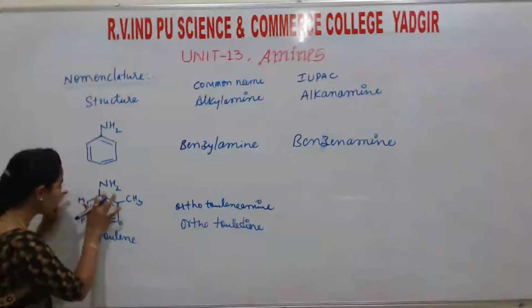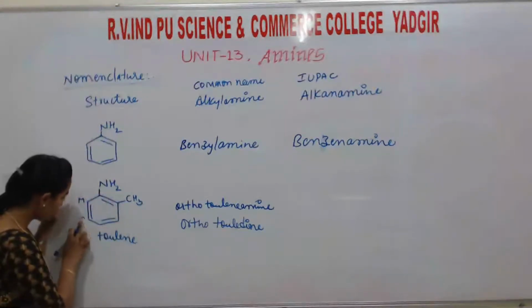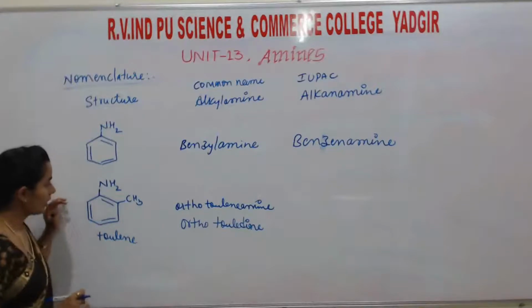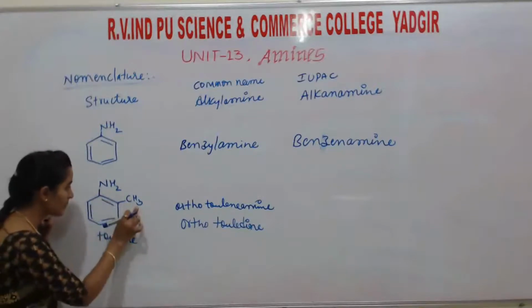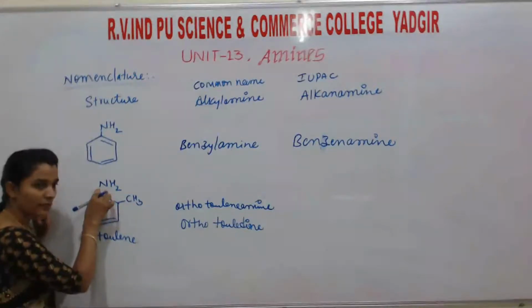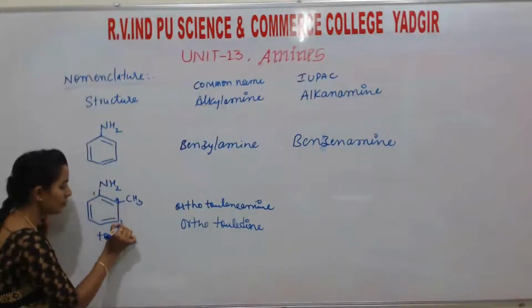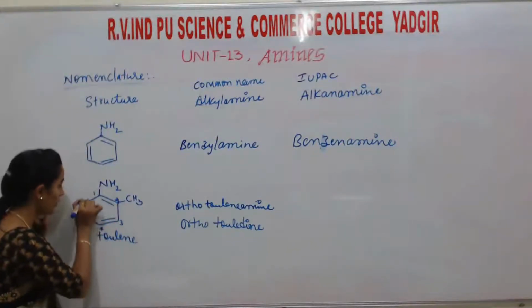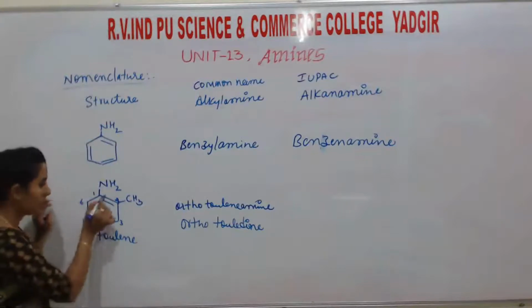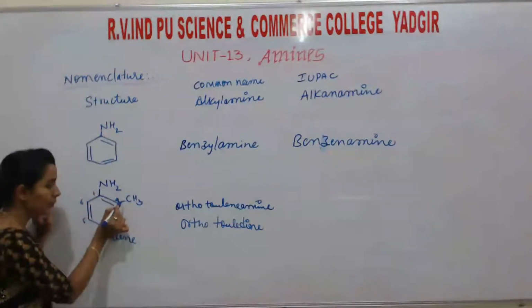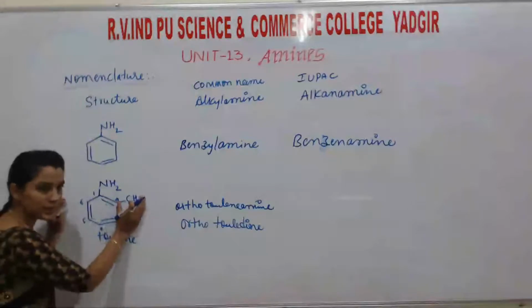So listen, instead of this, if you consider this one as a substituent and this one as a functional group, then the numbering starts from here: 1, 2, 3, 4, 5, 6. If this is the functional group and this is the substituent, then the substituent is named first.